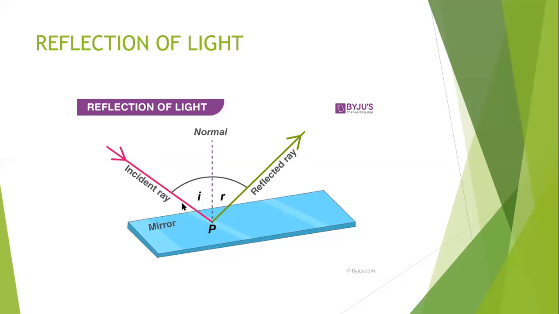Here you can see the angle from the normal. If the surface is not smooth, then the reflected ray will not be the same and you will not see a clear image.